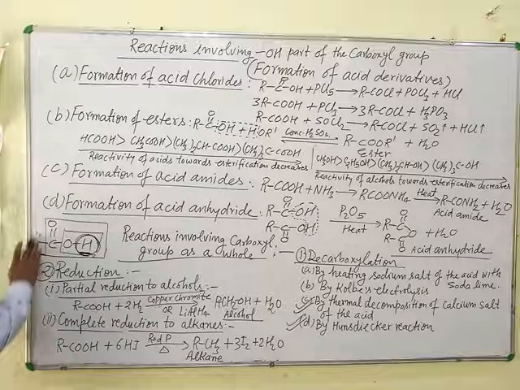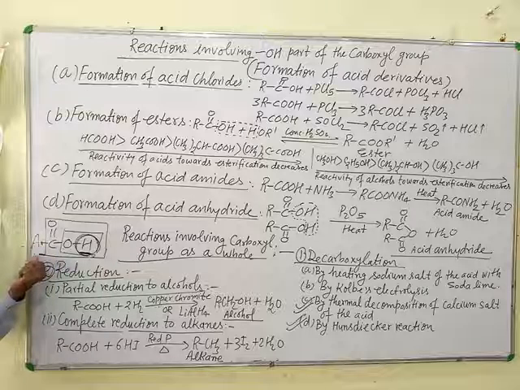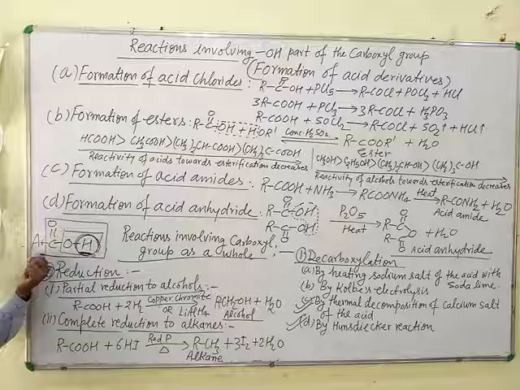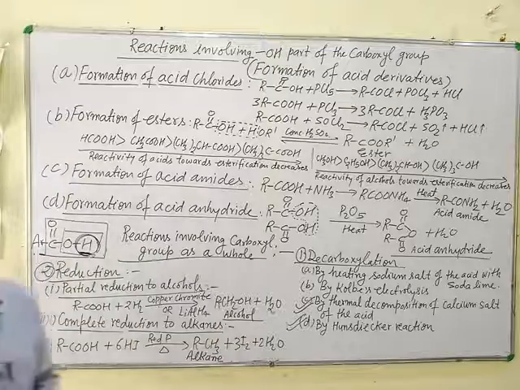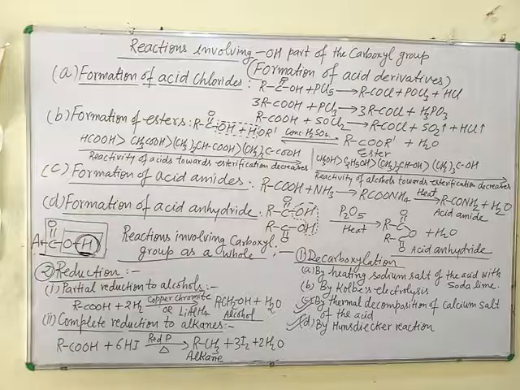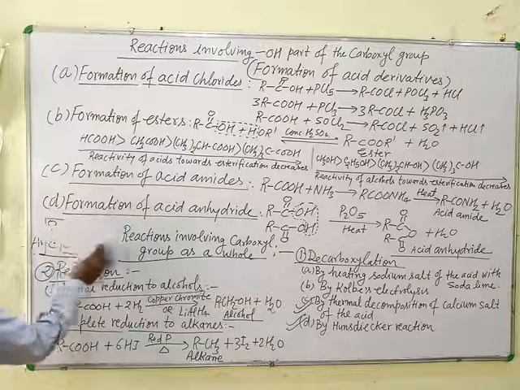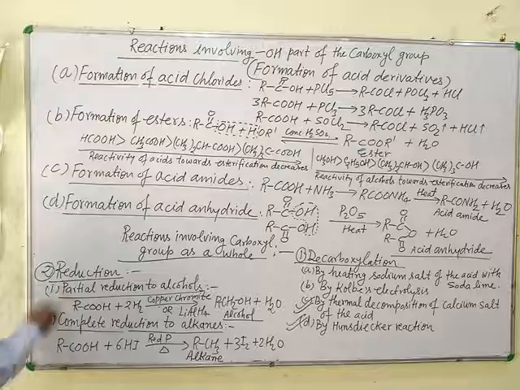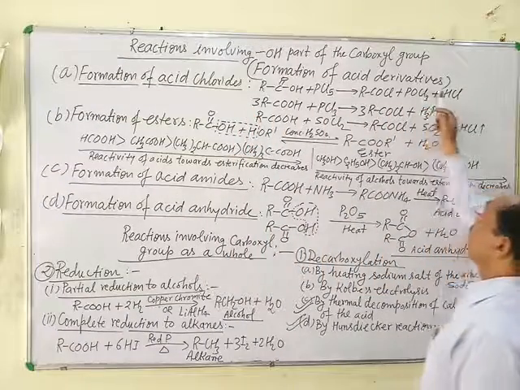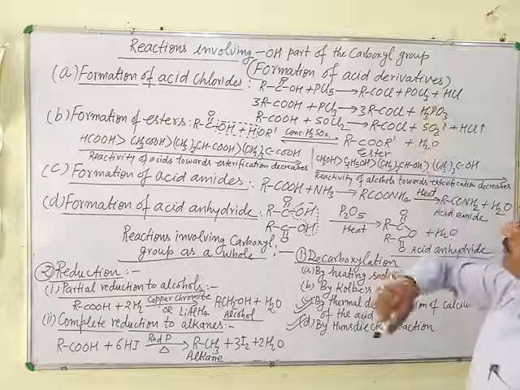And in the case of aromatic carboxylic acids, electrophilic substitution reactions of carboxylic acid, that is, reactions involving the benzene ring, will also be discussed in this lecture. So, one by one, let us discuss the formation of acid derivatives.